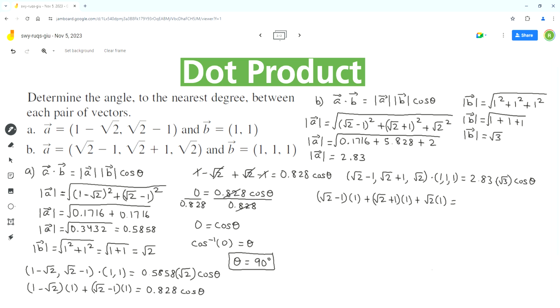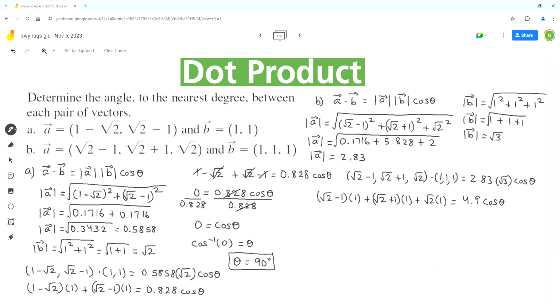And on the right side, we can multiply 2.83 by square root of 3. So I got 4.9.